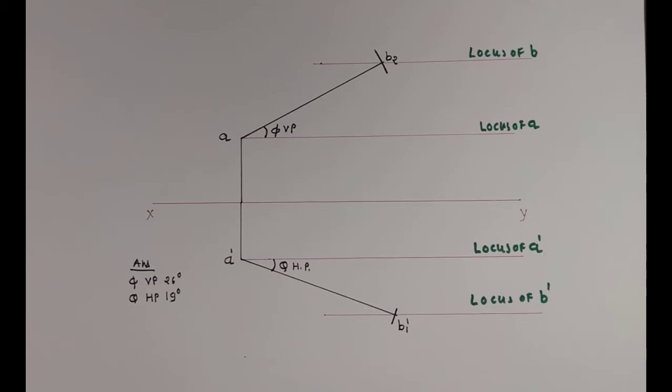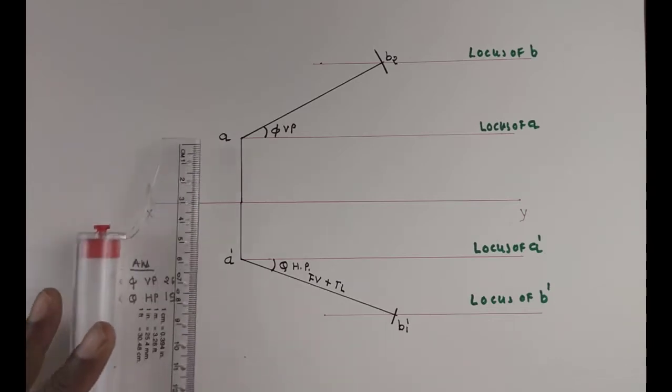Now first we mark this is my top view plus, this is my front view plus true length. Now line inclined to HP, theta, with true length, always its elevation is parallel to its top view.